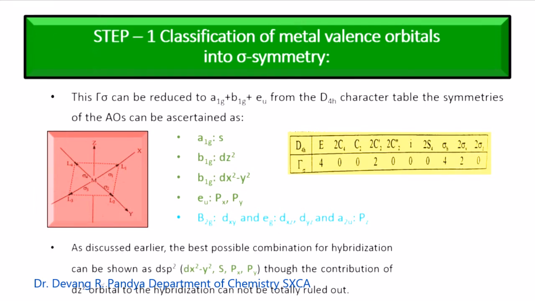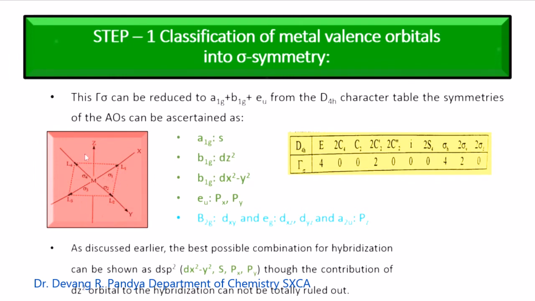The dz² orbital does not contribute, because you know that in the dz² orbital the positive lobes are on the z-axis and there is a ring spread on x and y. Now why do only the x²-y², 4s, 4px, 4py orbitals participate in this sigma interaction? Then you need to see this shape.